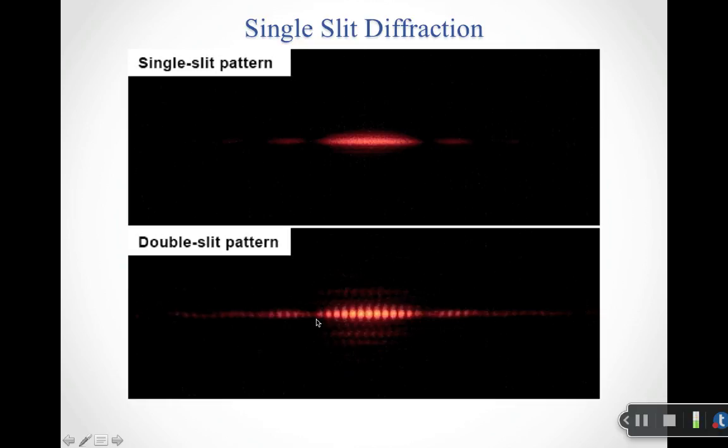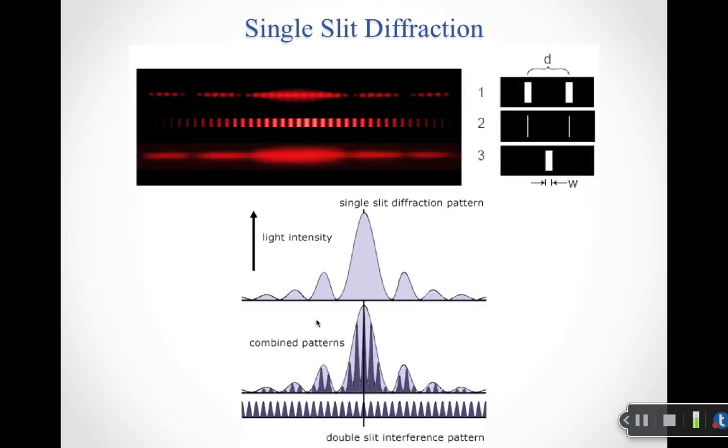There are kind of 3 ways that you can see what's going on in dealing with slits. One is you can have a single slit with width, and you get your diffraction pattern. I can have 2 slits, and depending on how wide I make the slits, it'll be easier to see the diffraction pattern or not. So here, if I have a relatively wide slit, the diffraction pattern is easy to see.